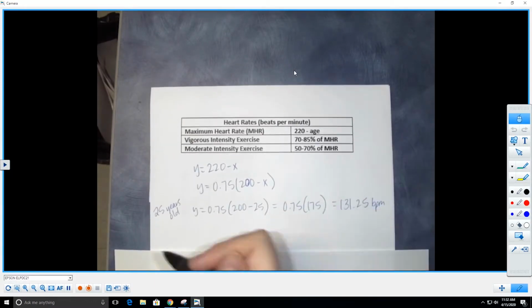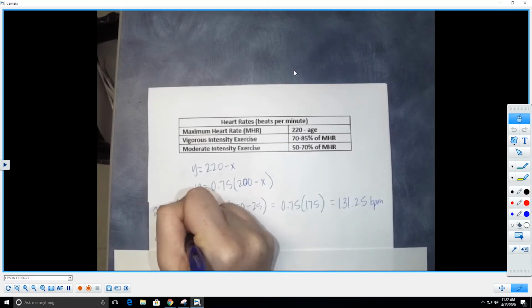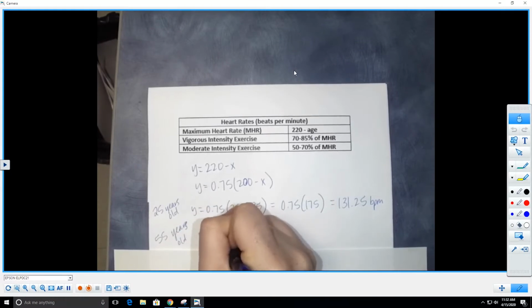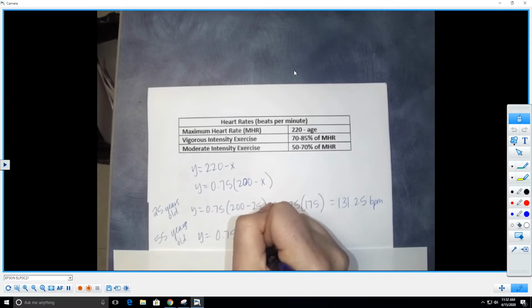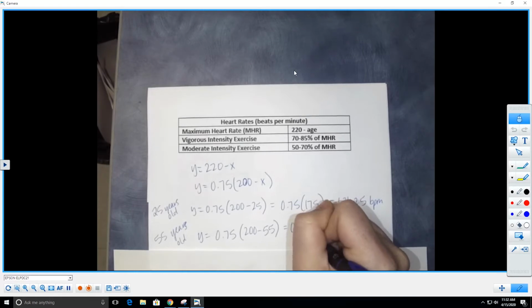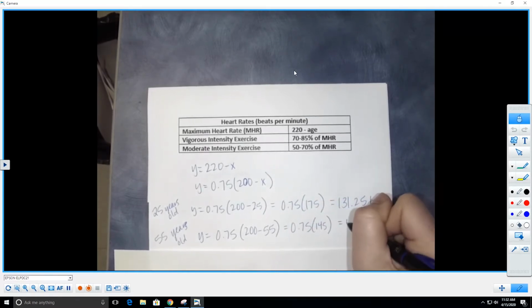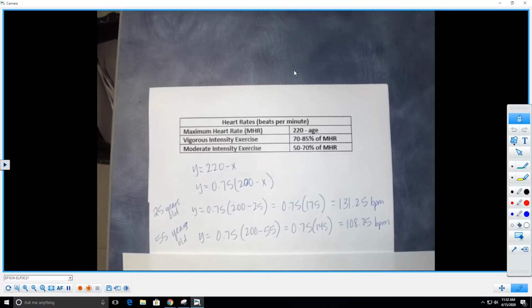Okay, now let's evaluate this for a 55-year-old. So we have Y equals 0.75 times 220 minus 55, which equals 0.75 times 165, so that is 123.75 beats per minute for a 55-year-old. Great warm up. Now let's start with today's focus.